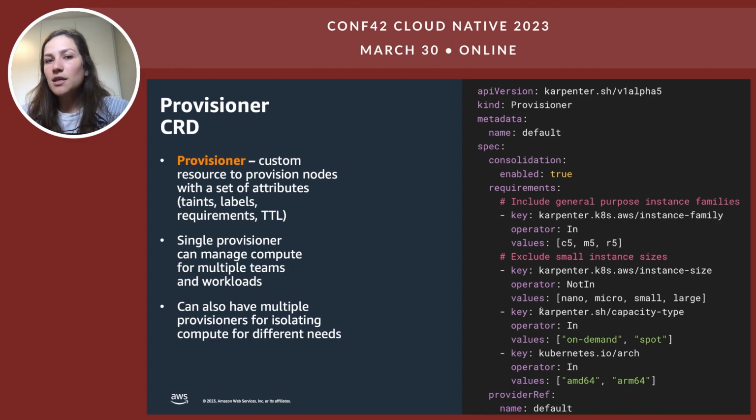By default, you can just leave it as is and allow the provisioner to take advantage of all the instance types available in EC2, which are more than 600 today. But if you want to customize that and include or exclude something from your instance specification, you can also do that.